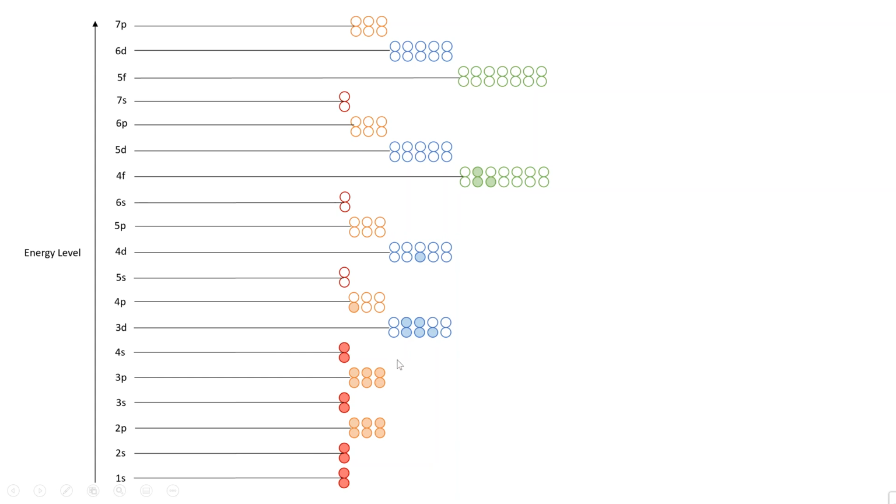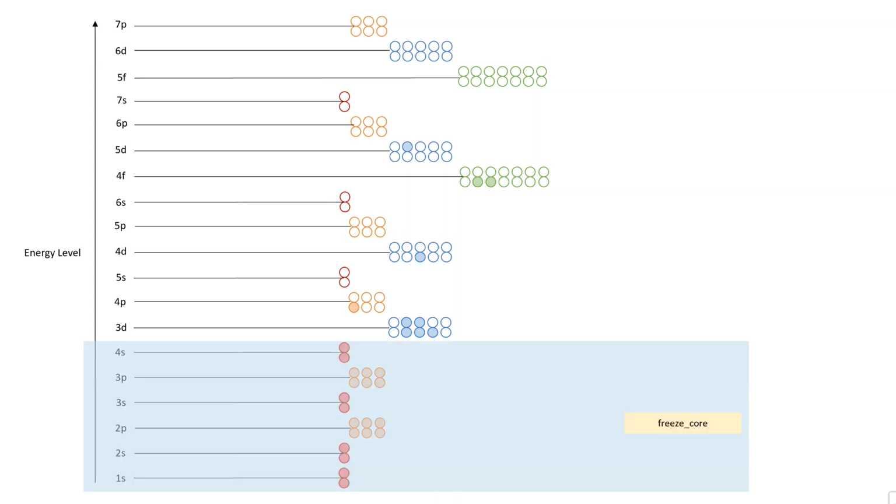Another way we could simplify the space that we're exploring is to freeze the core. This core isn't changing; it's a very low likelihood that it would change given the configuration we were in. Maybe it's not applicable to every configuration, but if there is a core to freeze, it's recommended to do it.